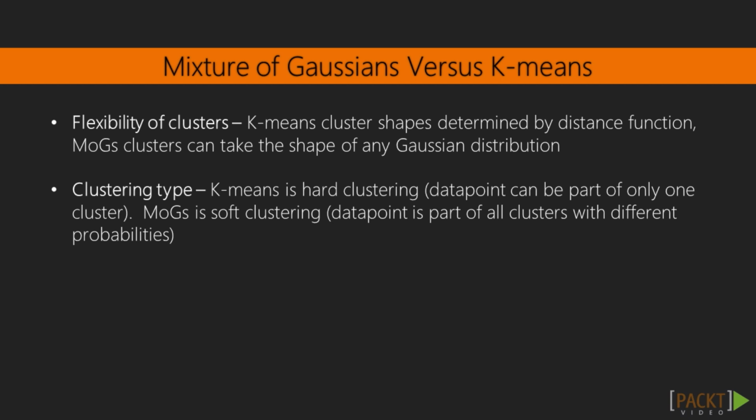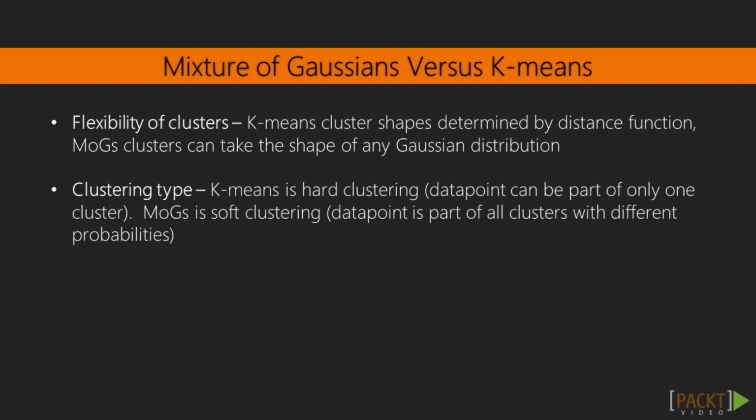Now that we know how mixture of Gaussians clustering works, let's compare it to k-means clustering. The obvious difference is that mixture of Gaussians clustering takes a probabilistic approach, whereas k-means does not. Another large difference between these clustering algorithms is the shape of the clusters that are learned. With k-means clustering, the shape of the cluster is determined by the distance function being used.